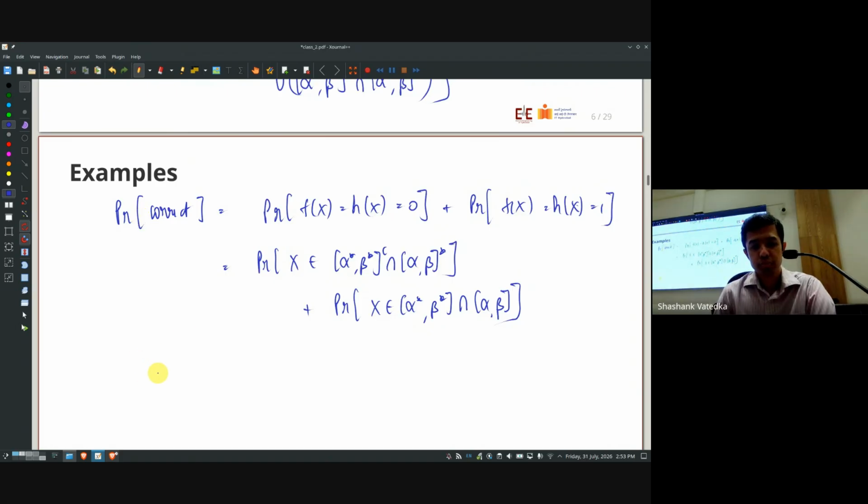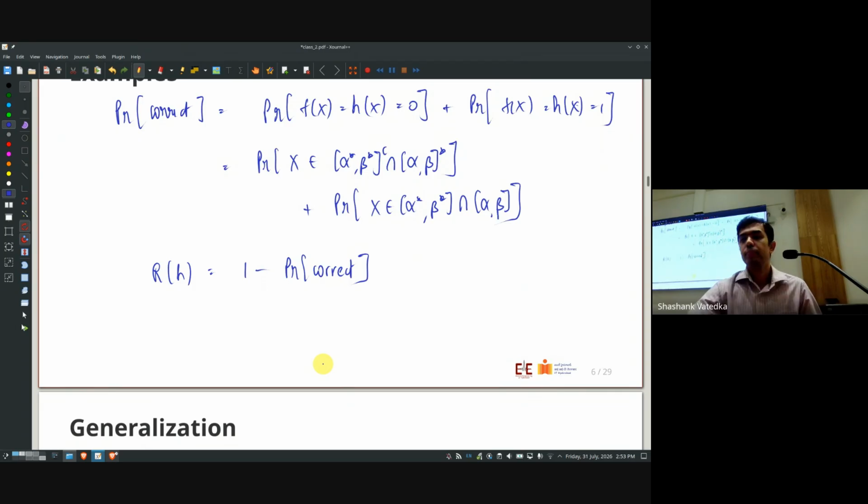So the population risk or the generalization error is simply 1 minus the probability that you're correct. Any questions?